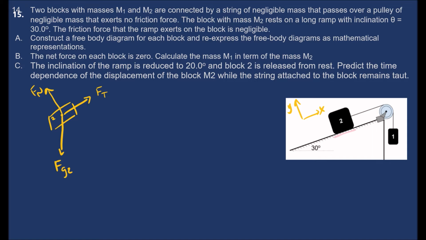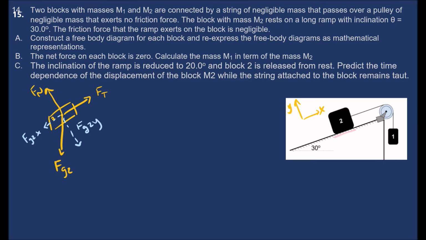What we're going to want to end up doing is splitting up this force of gravity into its components that are parallel and perpendicular to the incline. So we will end up solving for FG2Y and FG2X. Those will be important, but your free body diagram is actually complete with those arrows that I drew in yellow.